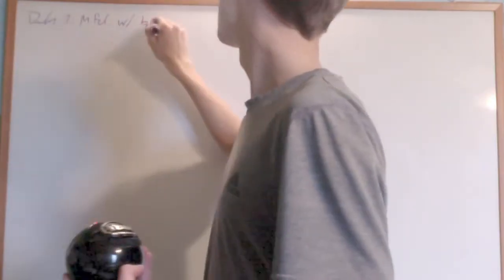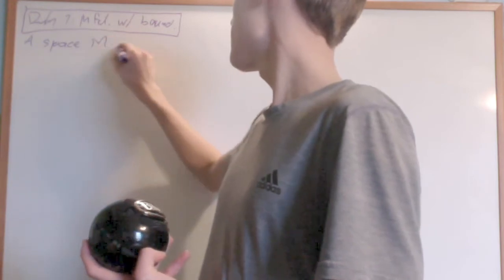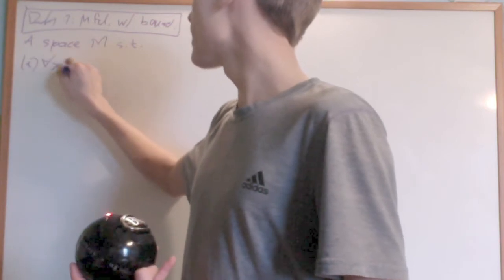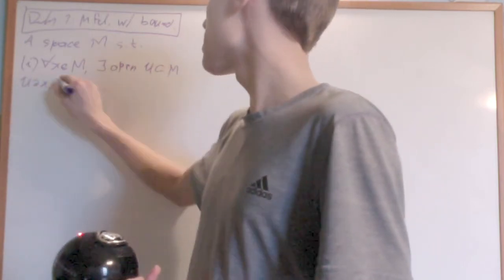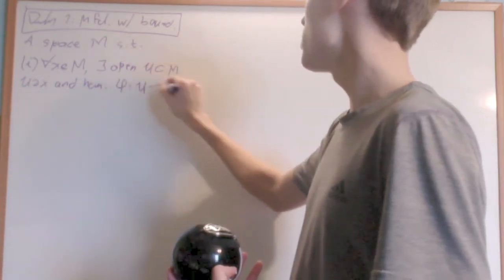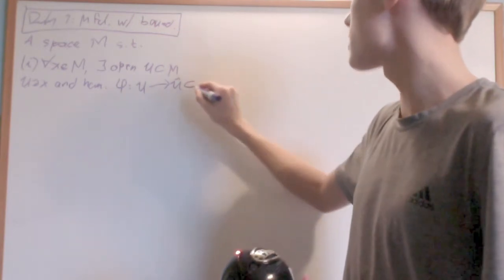We defined, okay, so a manifold with boundary is going to be a space M such that 1, for every point x in M, there exists an open U, a subset of M, such that U contains x, and a homeomorphism phi that brings you from U into, now get this, it's going to be U hat still, but it's not going to be a subset of Rn, it's going to be a subset of the half plane.